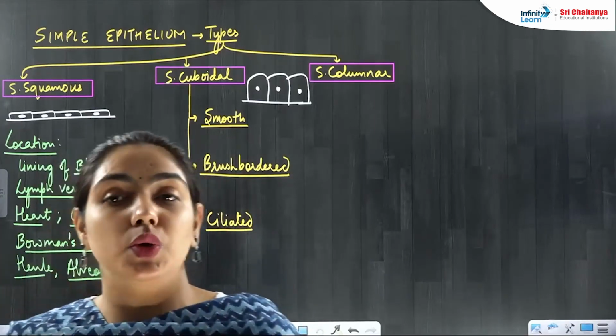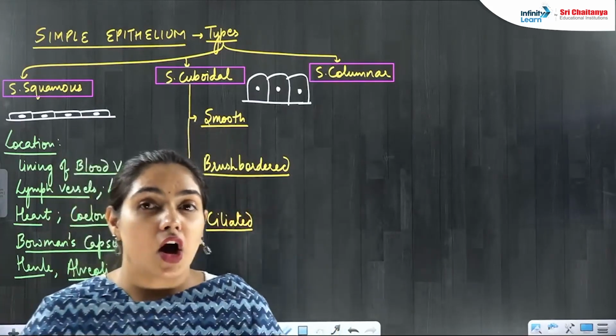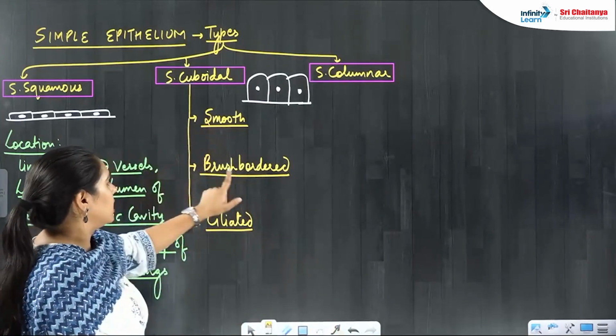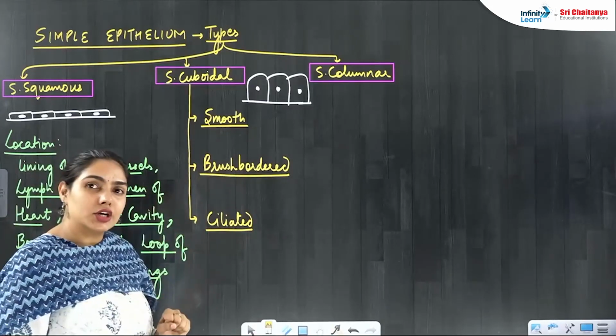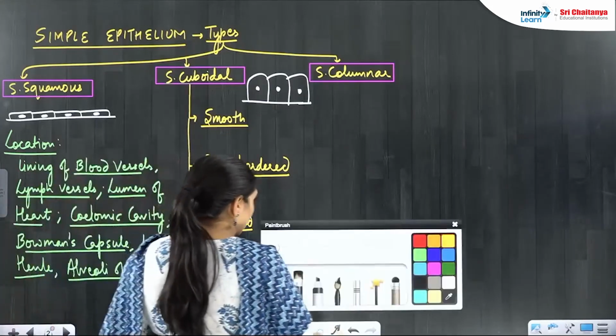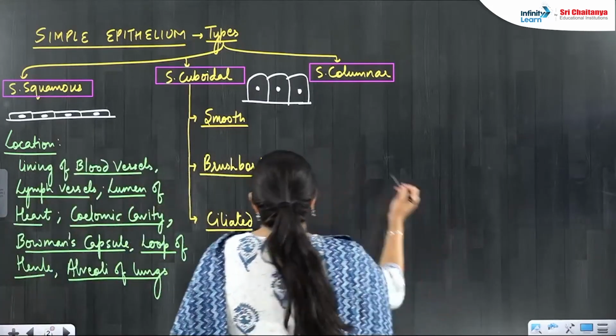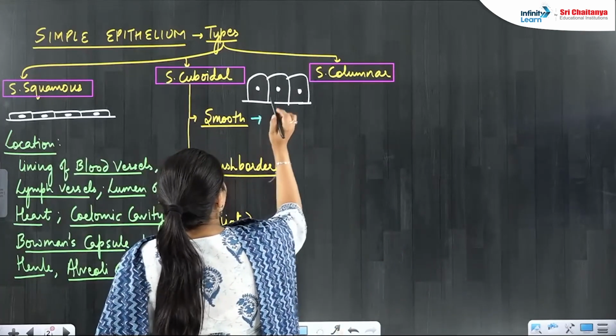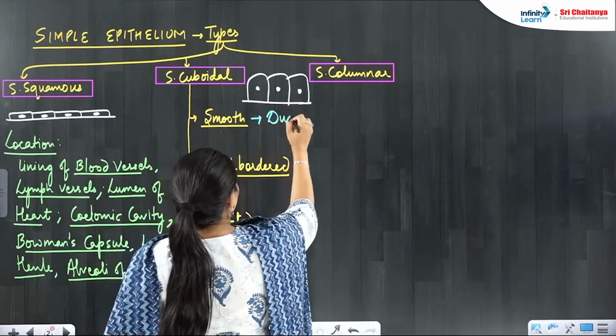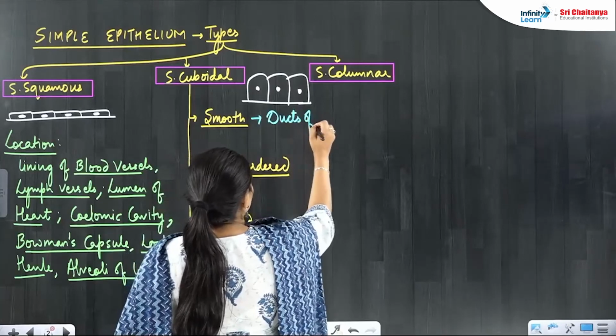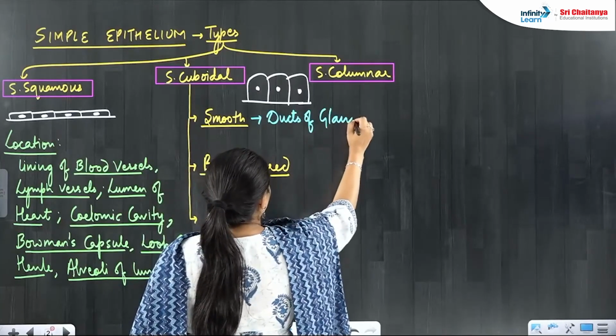So if you want to know the location of smooth cuboidal, brush bordered cuboidal and ciliated cuboidal, let me tell you. The location of smooth cuboidal, beta, is in the ducts of glands. So many glands are there in our body.